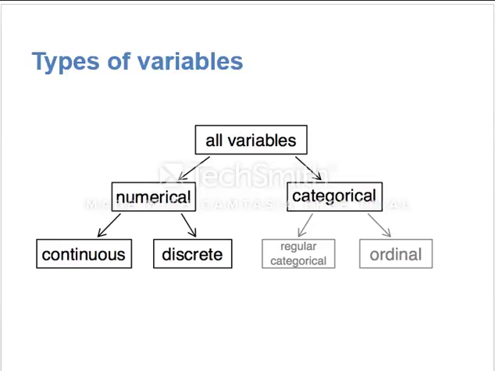Then further, to delineate, numerical variables are continuous, or what I often like to call actually measurement variables, and discrete, which can be thought of as counting variables. So you math majors out there, this would include also countably infinite sets.